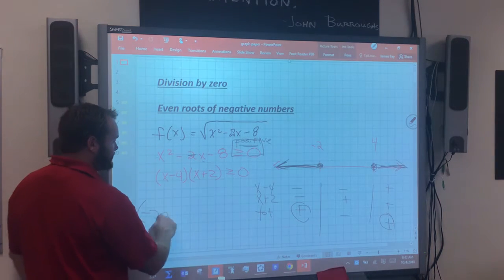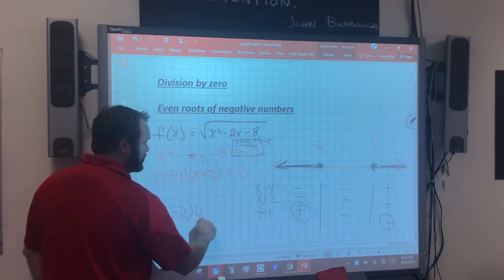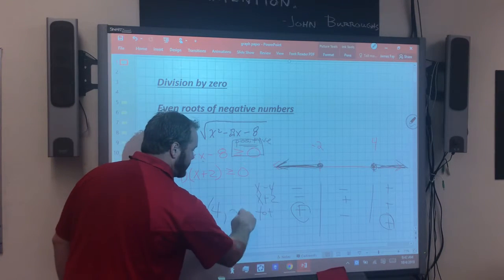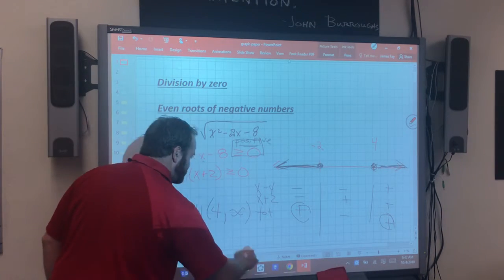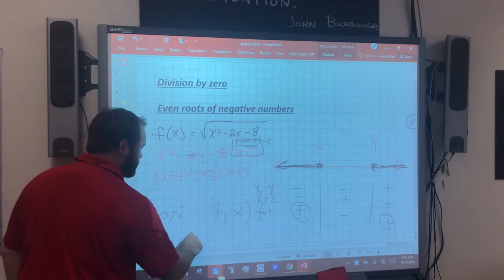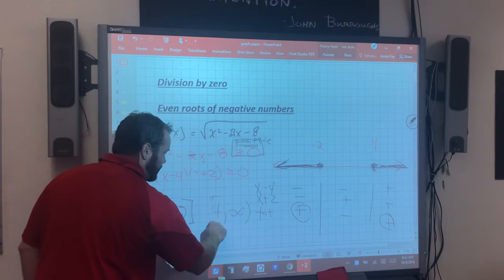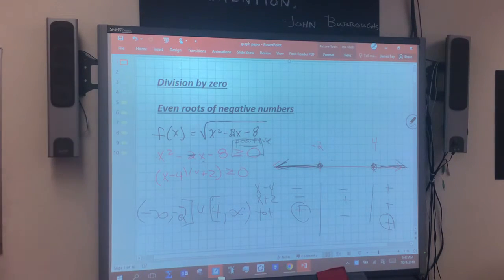It'd be -infinity to -2, union 4 to infinity. I messed up. Okay. Make sure that we know that we can use the -2, and we can use the 4. So we've got to put brackets around this. Okay. That's going to be the interval notation for that.